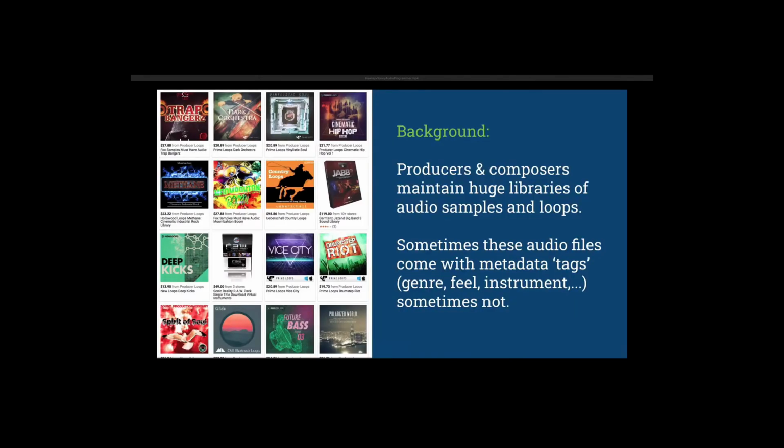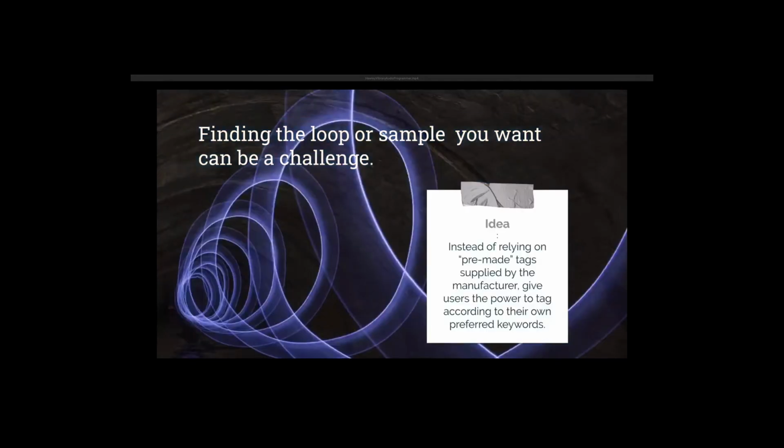The basic idea is that producers and composers often have very large libraries of audio samples and clips, and usually these have some kind of metadata tags to tell you what the clip is about, but they don't always agree. And so sometimes it could be a challenge to find what you want.